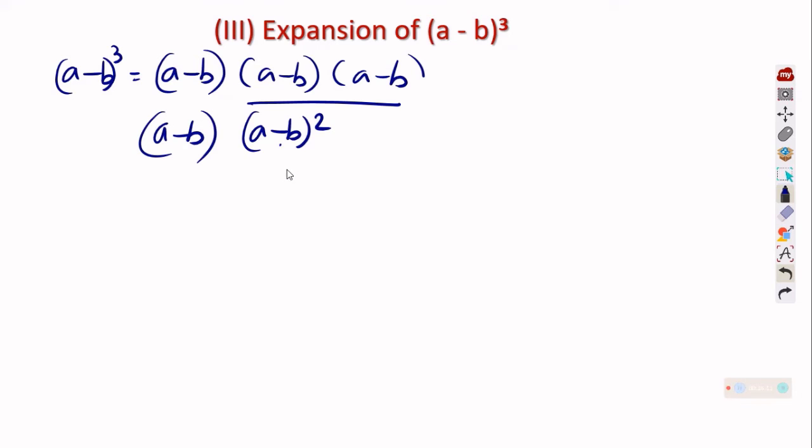This we know very clearly. This is having an expansion a square minus 2ab plus b square.